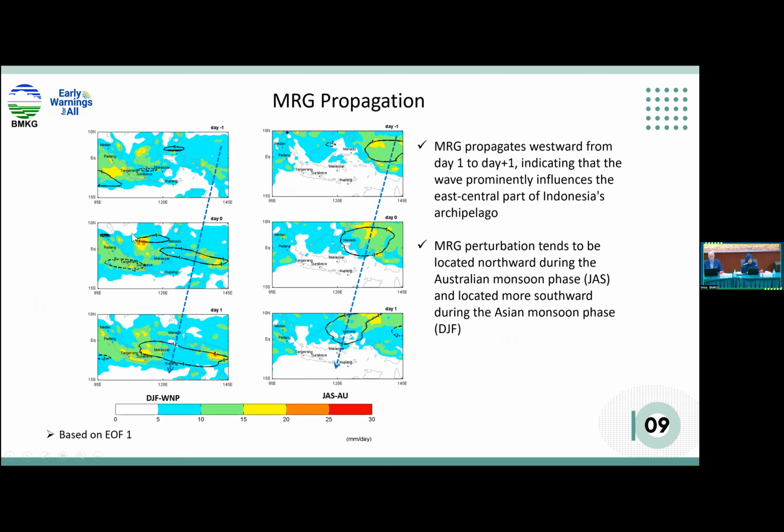I think in the practical, Mas Rezza will also give you an example of the influence of the mixed Rossby-Gravity wave in Indonesia, especially for the MCS, the mesoscale convective system, in Indonesia.